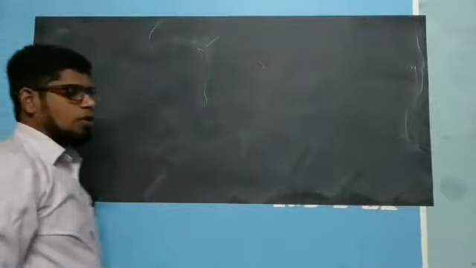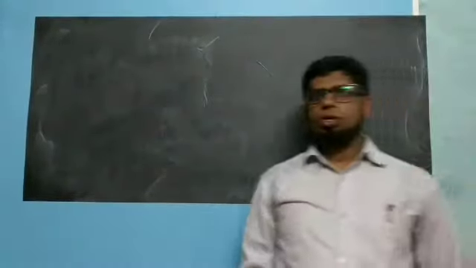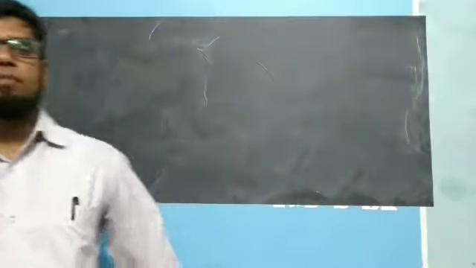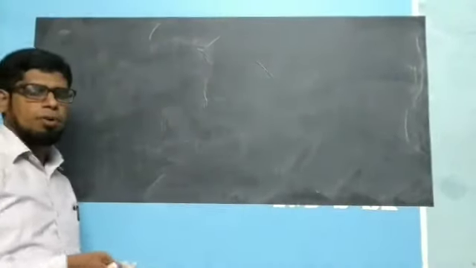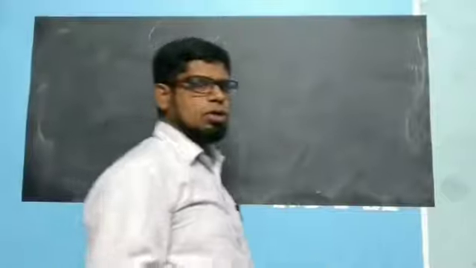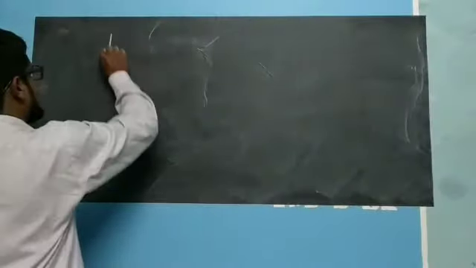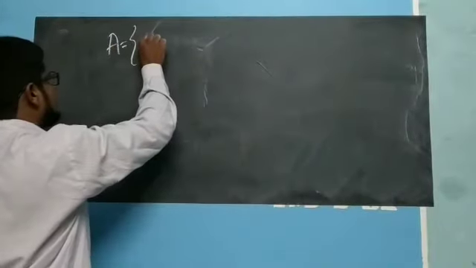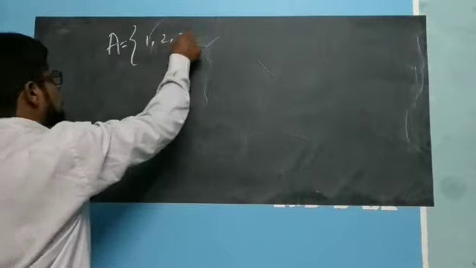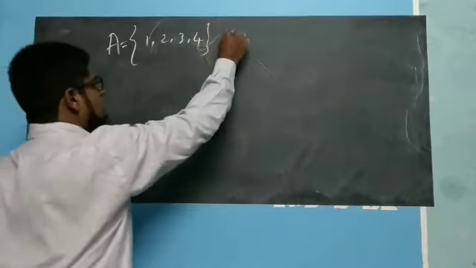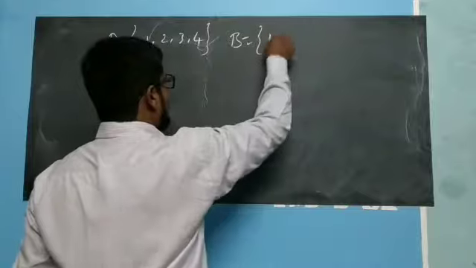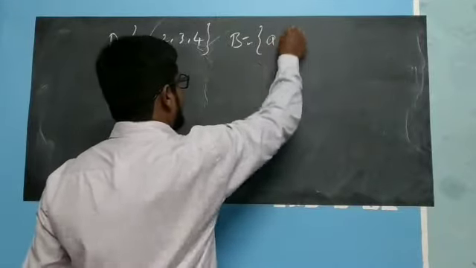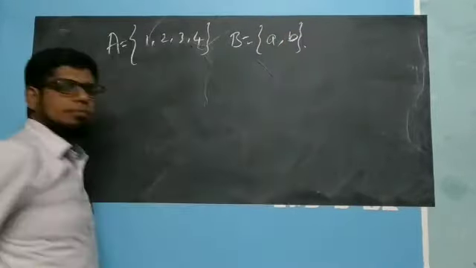After the definitions of domain, codomain and range, let us know how many functions can be formed from two non-empty sets. For example, I have a set A with elements 1, 2, 3, 4, and I have a set B with alphabets a, b.